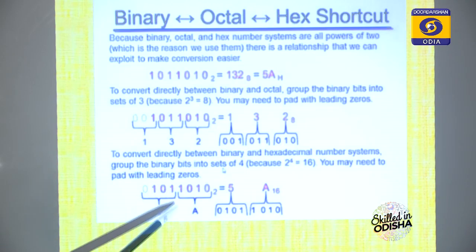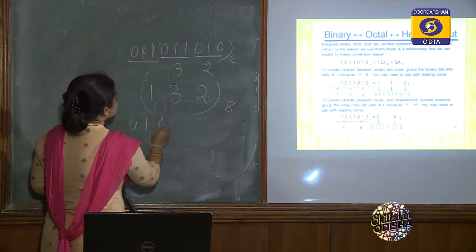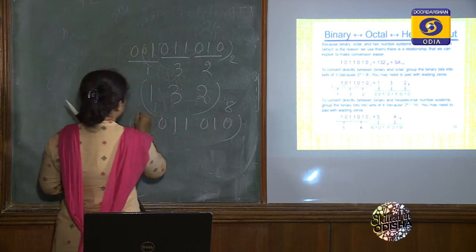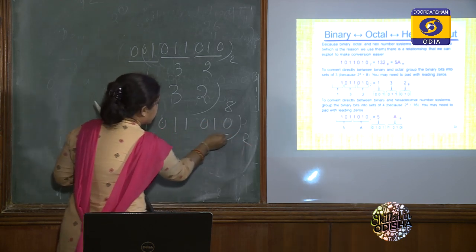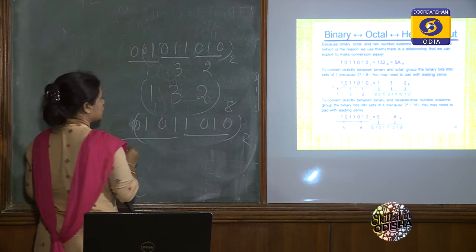Similarly, to convert into hexadecimal, we pair it up by taking 4 digits. 1011010 is our binary number. We take 4 bits like this, and another 4 by adding 0 here.